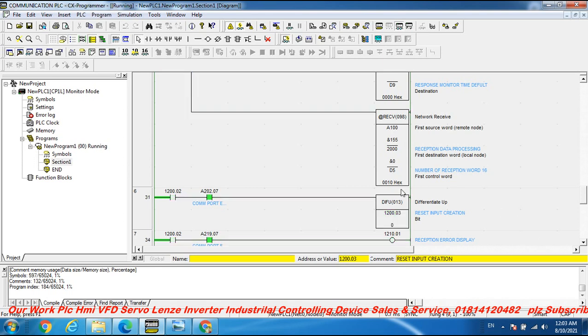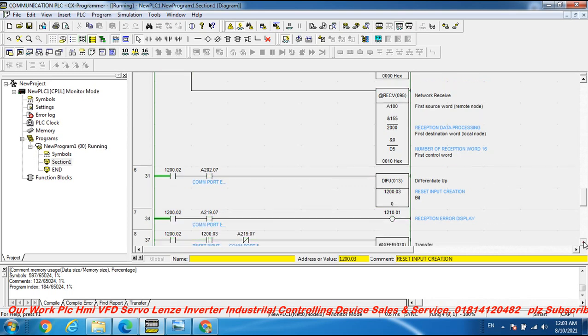And this is the block, the reception data processing, data receive.